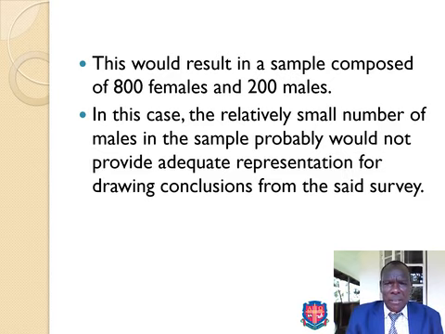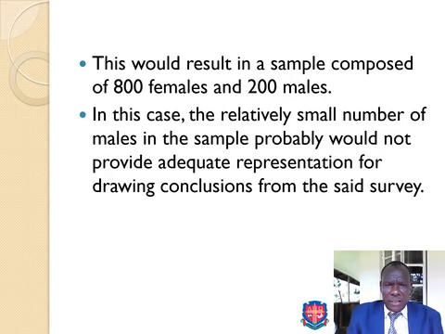In this case, the relatively small number of males in the sample probably would not provide adequate representation for drawing conclusions from the said survey. So what you would do, you would say, no, I have to increase the number of males to be able to fairly represent the group.